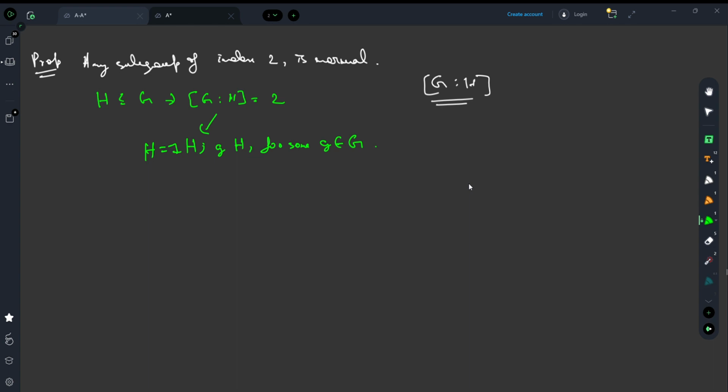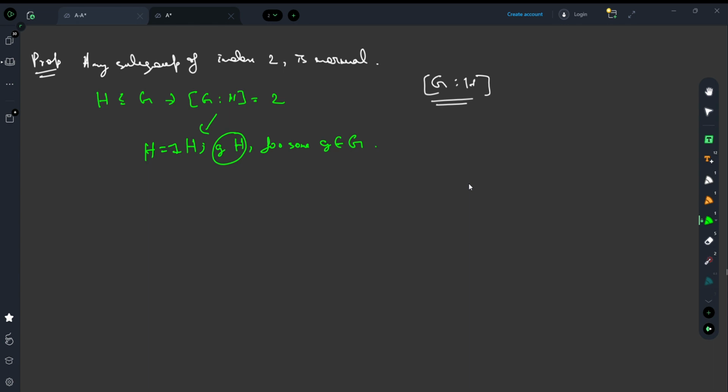Every other left coset of H in G represented by any element outside H will represent the same left coset gH. Do view the lectures on quotient groups and cosets, then you will get a better understanding of what I mean by the concept of representatives.